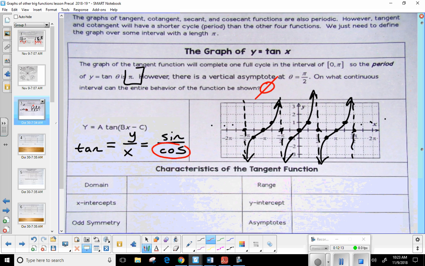And then look at the y values as we go through one period. See, I have a negative 1. Then I have a 0. What's next? I got a positive 1. And then what do we get back to? We get back to no solution because we're now at the next asymptote. So tangent is going to have critical values just like the other ones, and it's going to be really useful to us when we start transforming it.